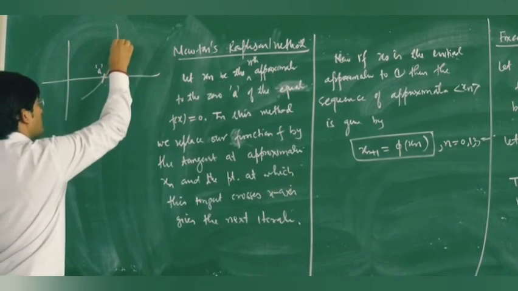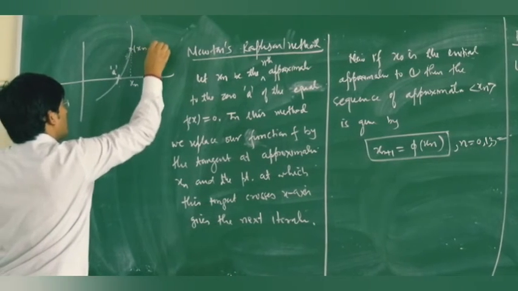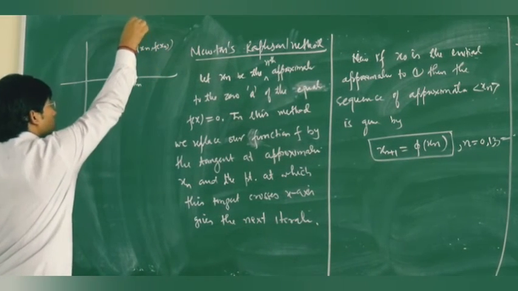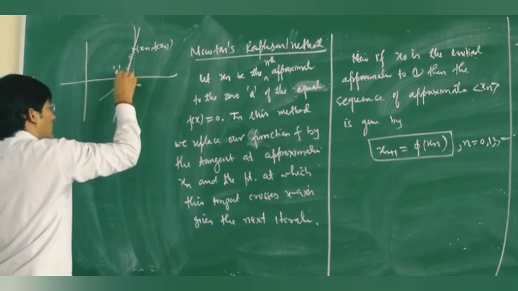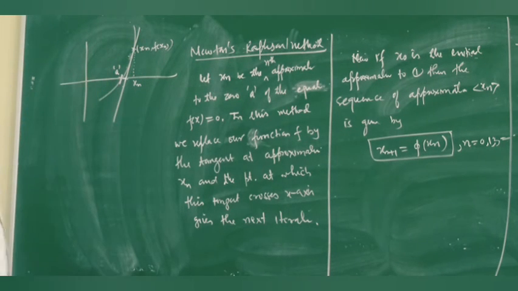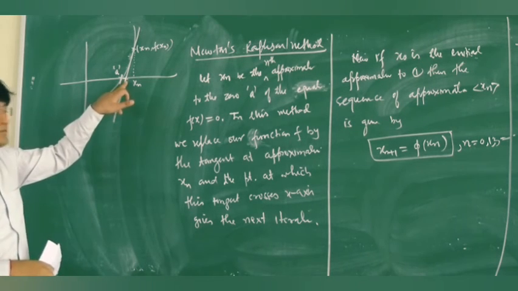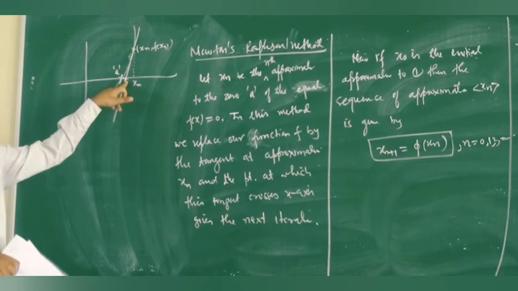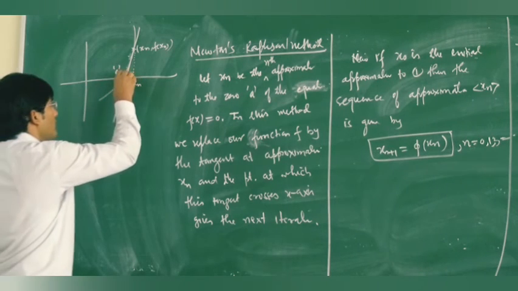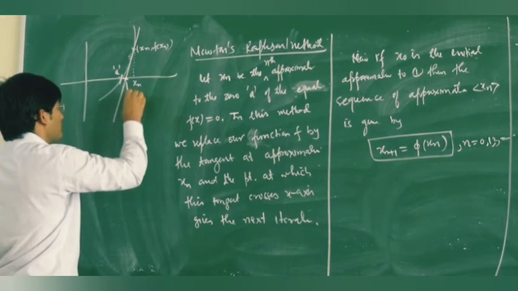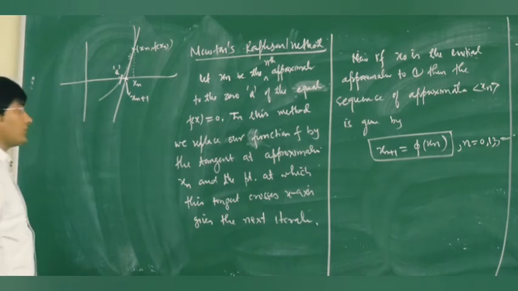At this point the value of the function will be f of xn. Now let us draw the tangent at this point. So this is your tangent. Now the point at which the tangent crosses the x-axis will give you the next iteration. So at this point we will have the next iteration. So this is your xn plus 1.